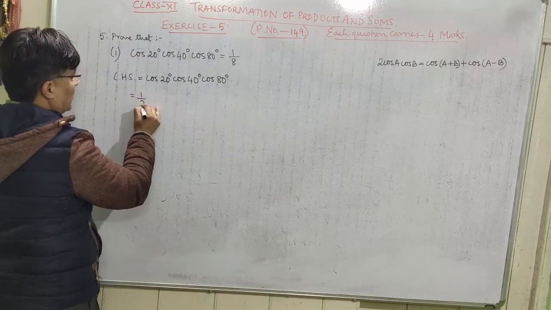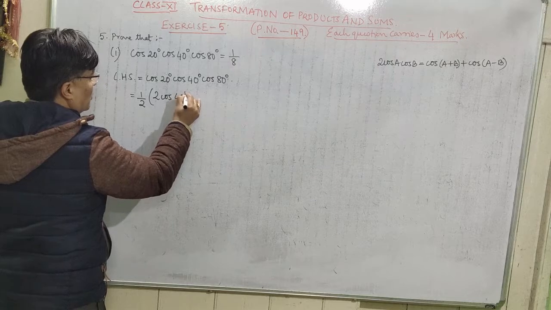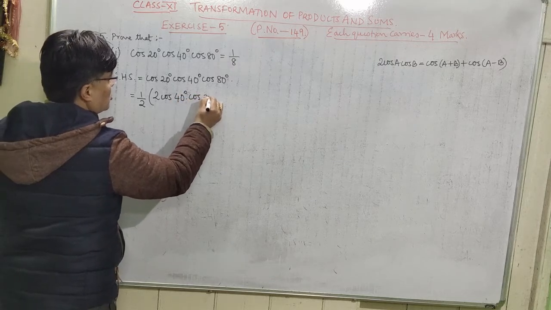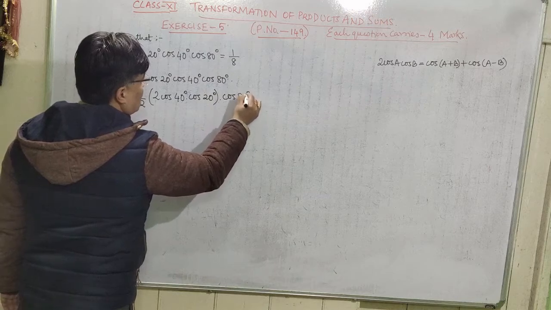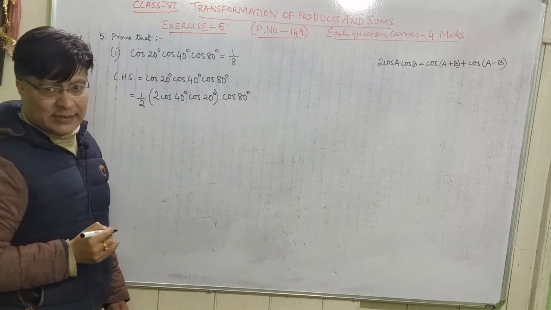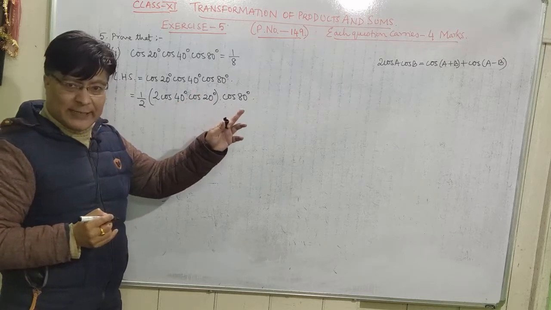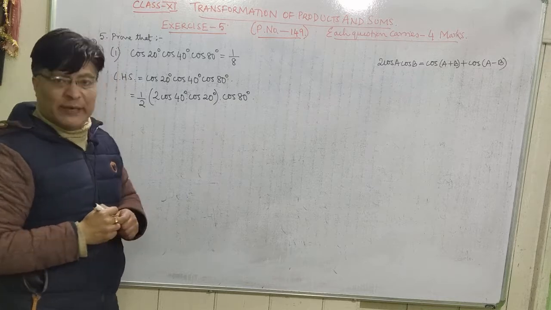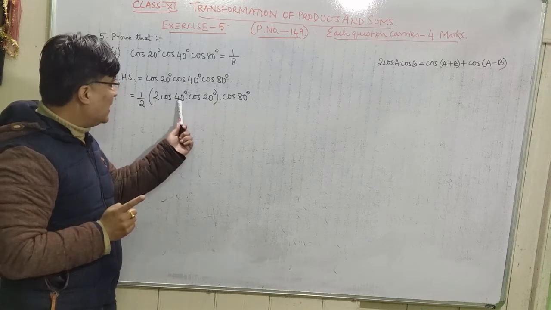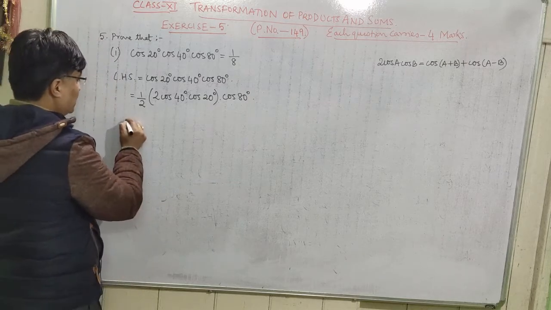So half, within bracket we have 2 cos 40 degree into cos 20 degree, into cos 80 degree outside bracket, right? Always take the greater angle as A and smaller angle as B, such that A is equal to 40 degree and B is equal to 20 degree.